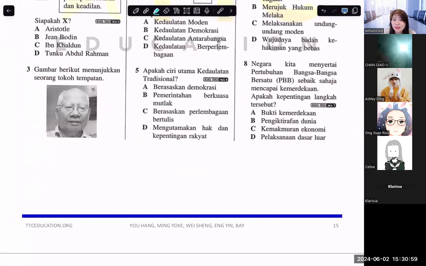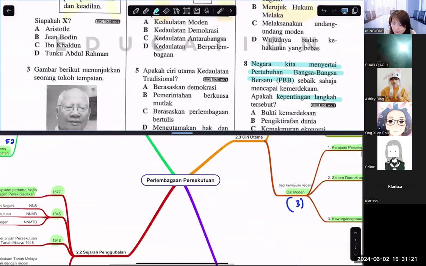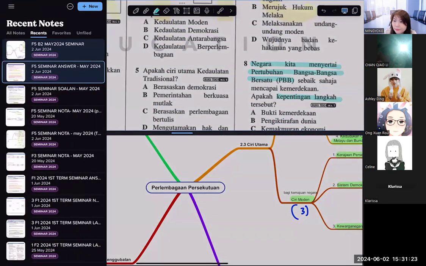They say that Pertubuhan Bangsa-Bangsa Bersatu, PBB. After Merdeka, our country joined into PBB. Why is it important for us to join them? We mentioned already. What's the answer?